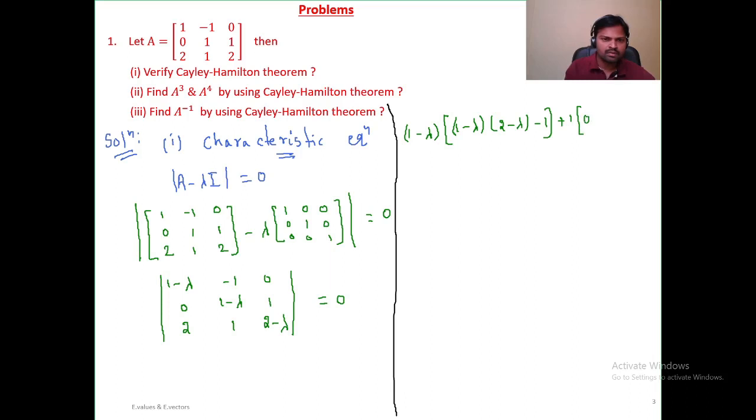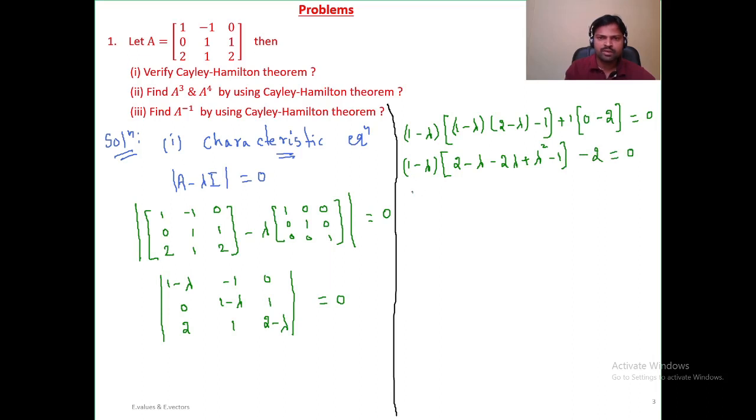Next 2 minus, so minus 2 is equal to 0 because last one is 0, 0 into something is 0, something which is finite. Okay, then expand it. So 1 minus lambda. Okay, and here multiply this 2 minus lambda, multiplying with 1 first, next minus lambda, minus 2 lambda plus lambda raised 2. Okay, and minus 1, close, and this is minus 2 is equal to 0.